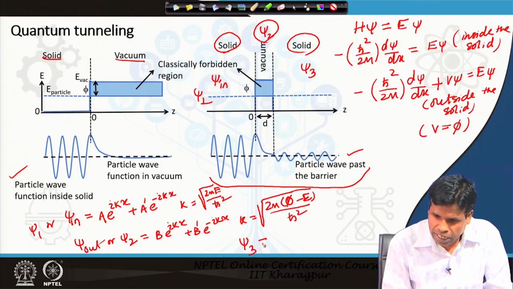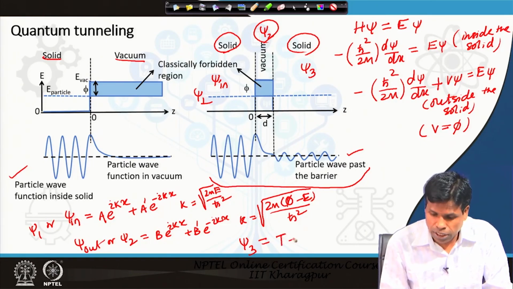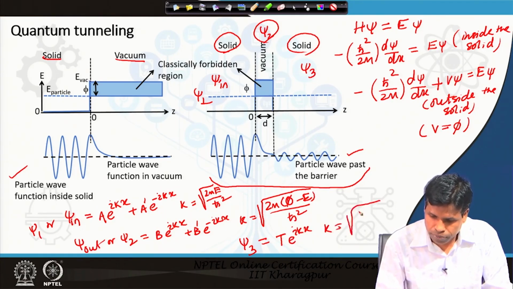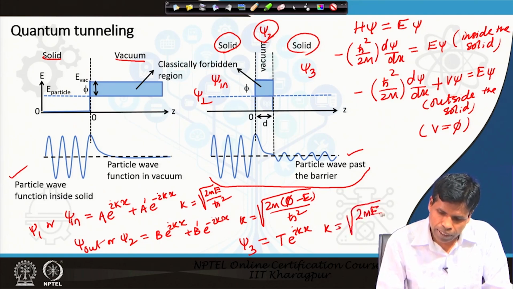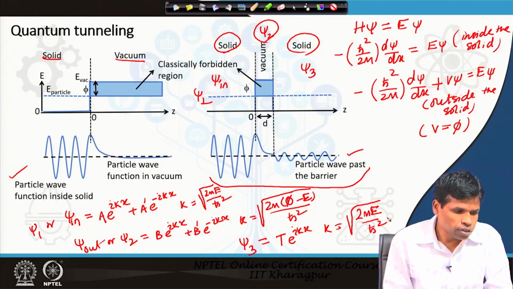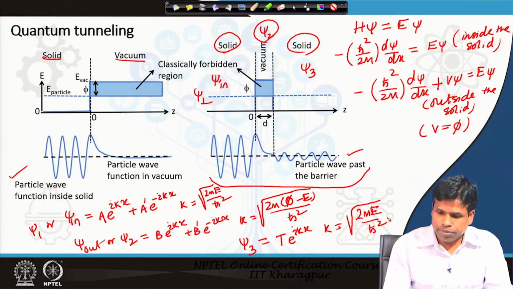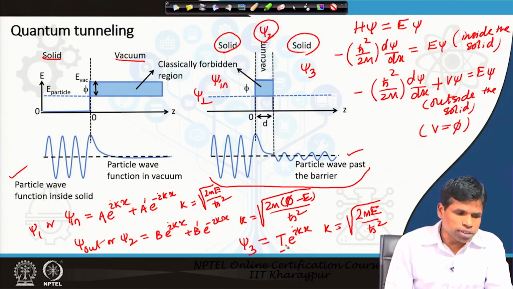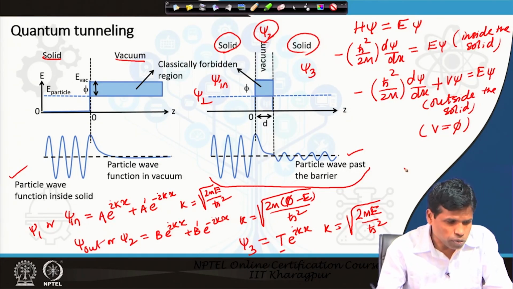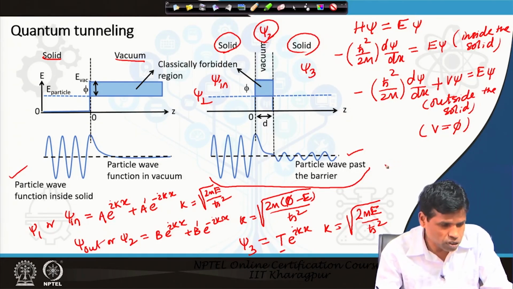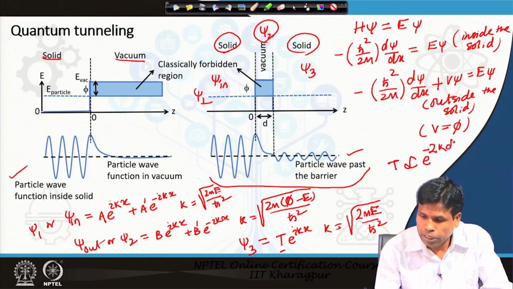So it has a transmission probability of this wave. It is nothing but T e to the power i k x, where k is equal to root over 2mE over h cross square. Now what we see here is the transmission coefficient T, which is proportional to e to the power minus 2 k d.